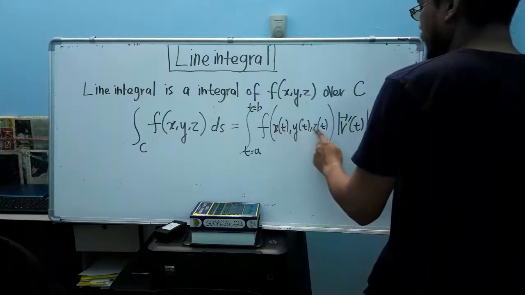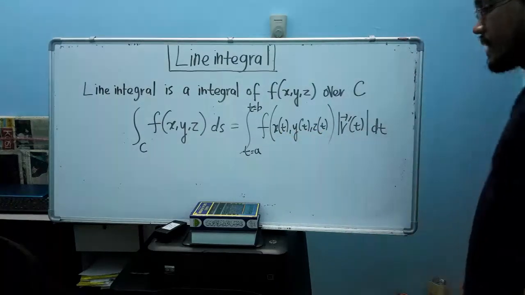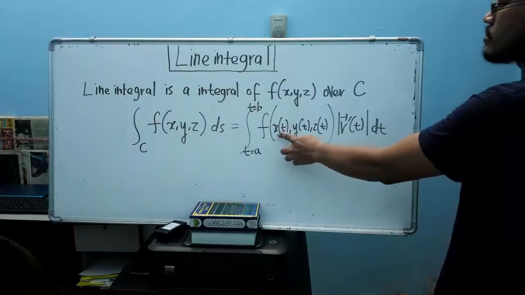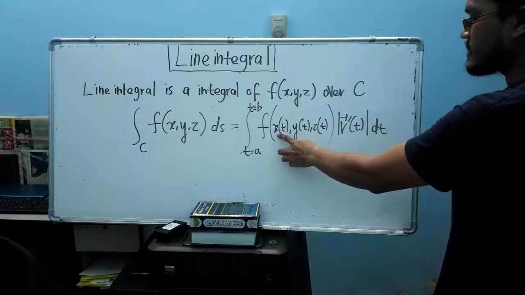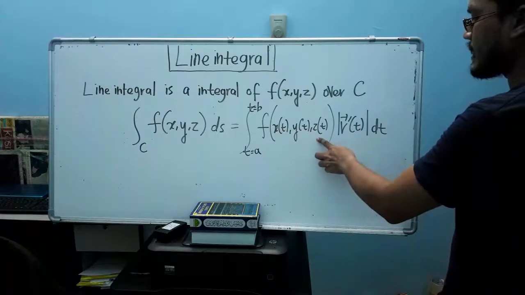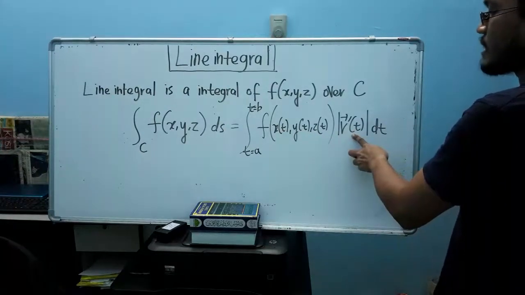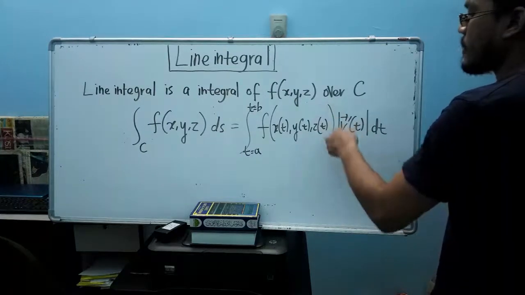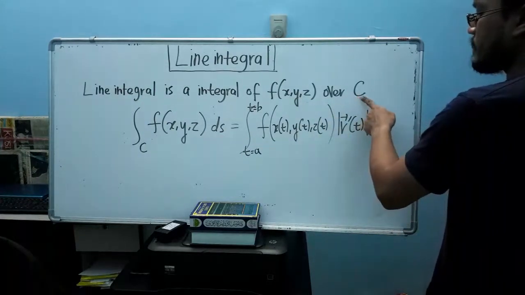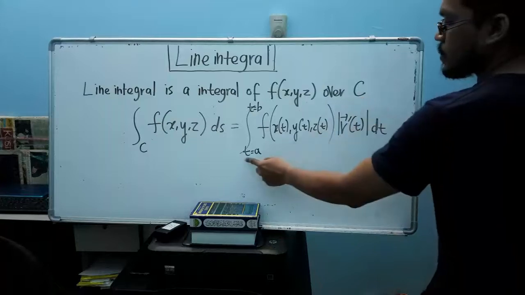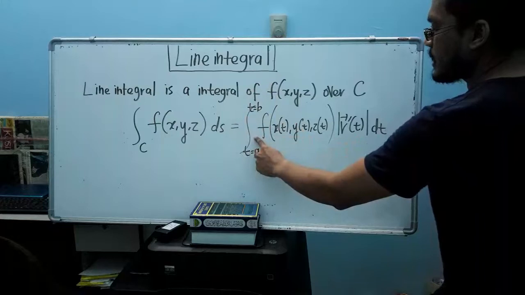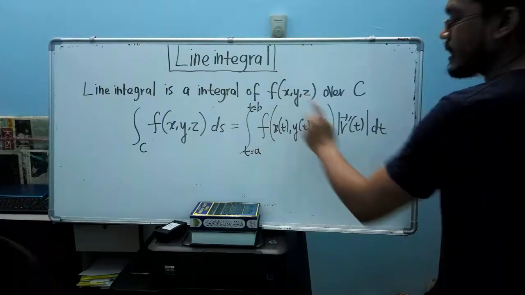They come from the parametric equation of C. After you find the parametric equation of C, you will have x(t), y(t), z(t), and you can find the magnitude of r prime t. You also know the value of t between the two numbers a and b.